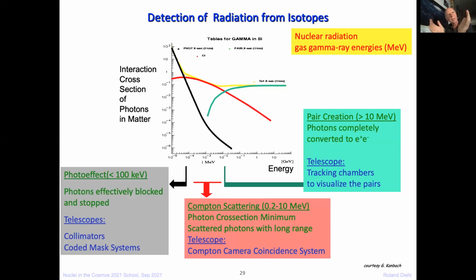You can do that because materials will be reflecting, but this reflection stops basically at energies of about 100 keV, because the wavelength of the radiation is then in the same order of magnitude as the separation of the atoms. And so you can imagine that the light basically falls through the cracks between the atoms. And so light collection doesn't work for gamma rays. And that's one of the difficulties that these high energy telescopes are facing.